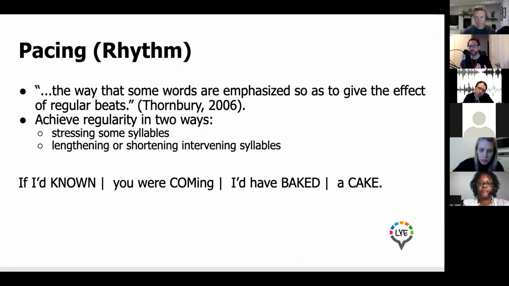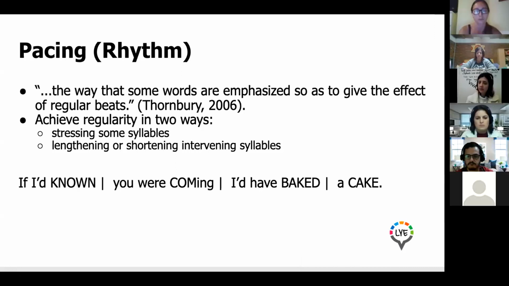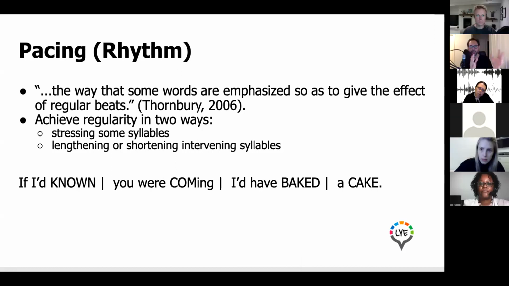And again, we can achieve equal length to each foot, the words between each bar, so they can occupy the same length of time. Known, coming, baked a cake. If I'd known you were coming, I'd have baked a cake. So you would always have this pattern.